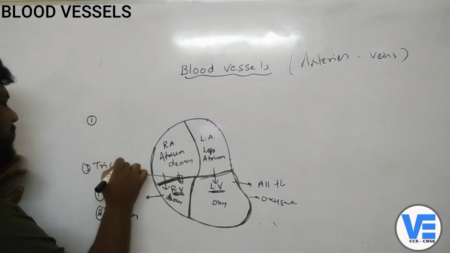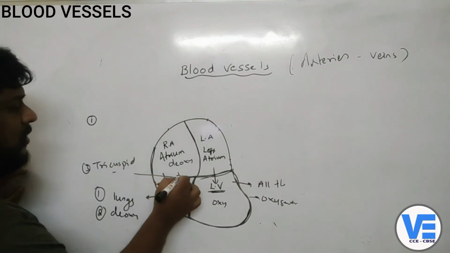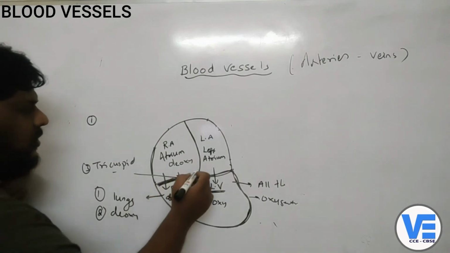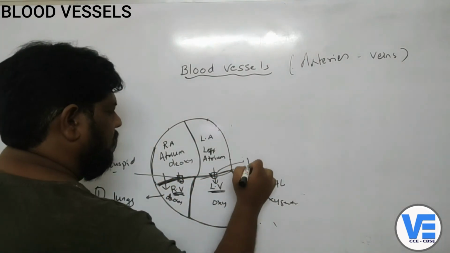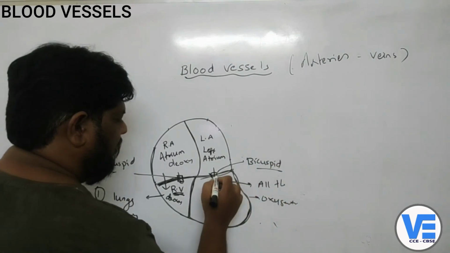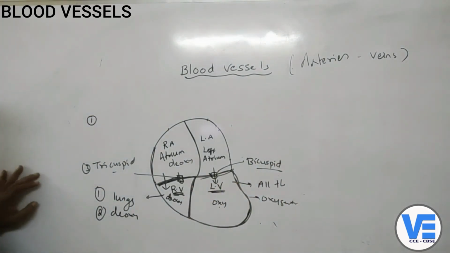The tricuspid valve, which is here, will allow the blood to come into the right ventricle. And here we have the bicuspid valve, which is allowing the blood to come into the left ventricle.